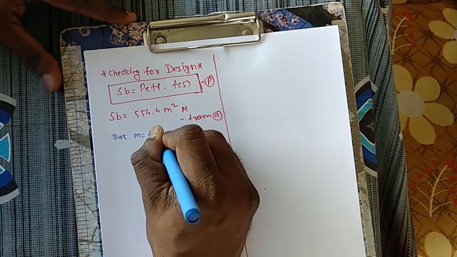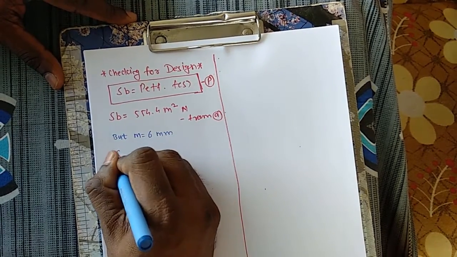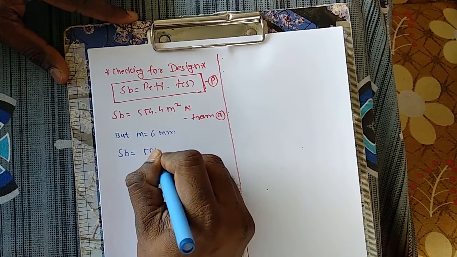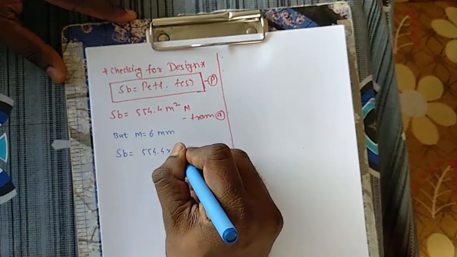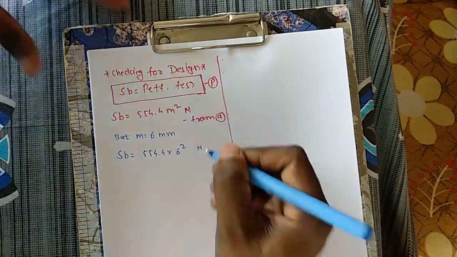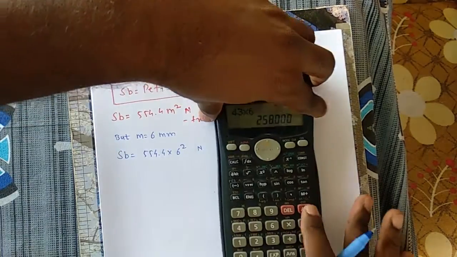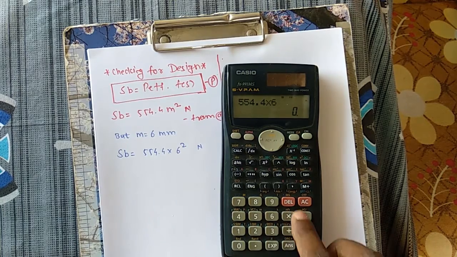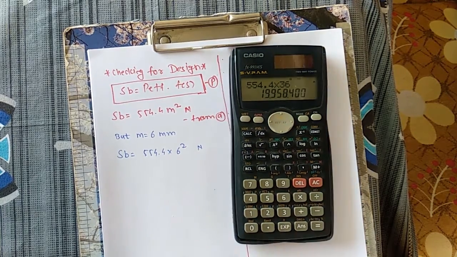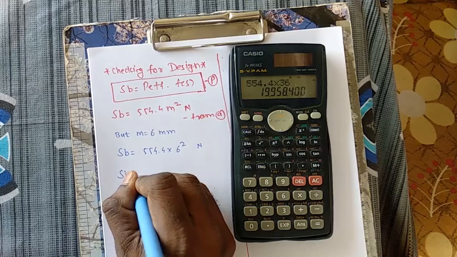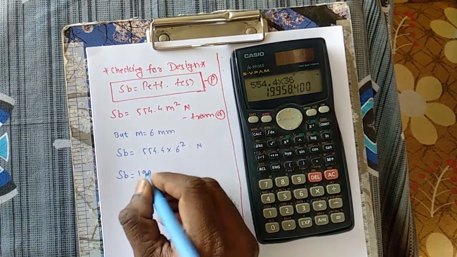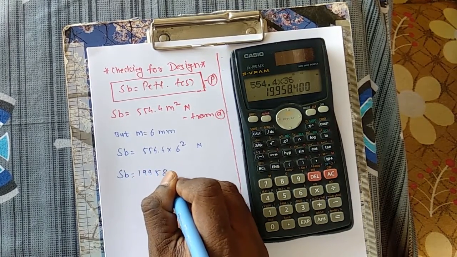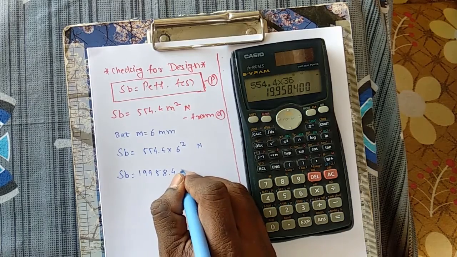M is equal to 6 mm, so I can get 554.4 into 6 square, which is 554.4 into 36, so SB is equal to 19958.4 Newton.